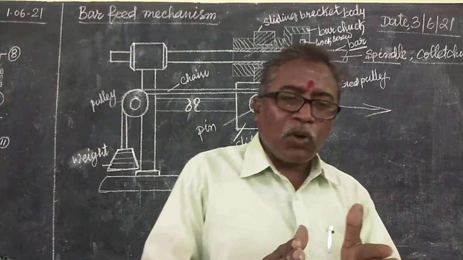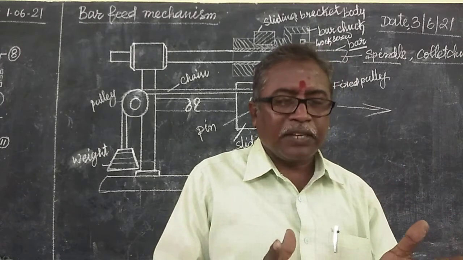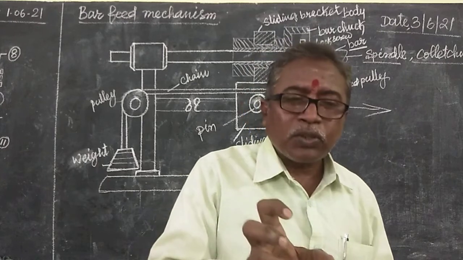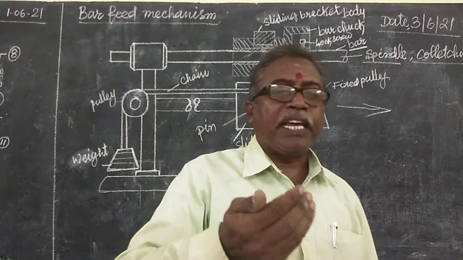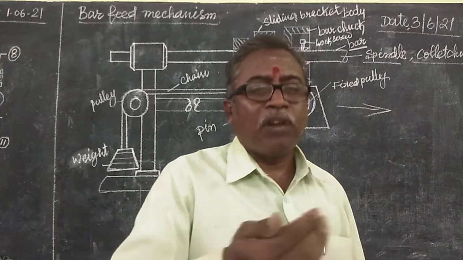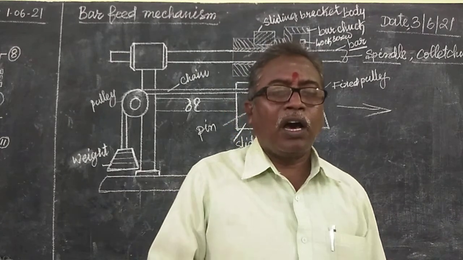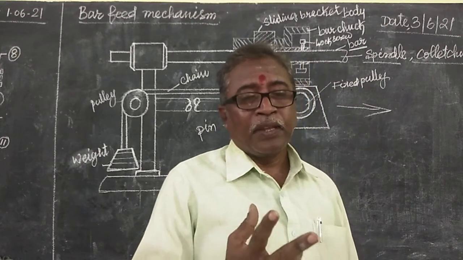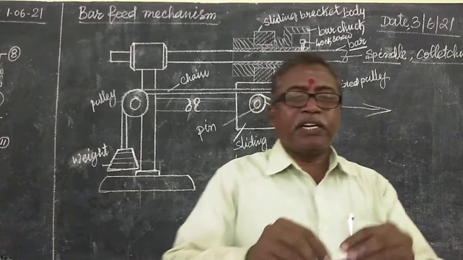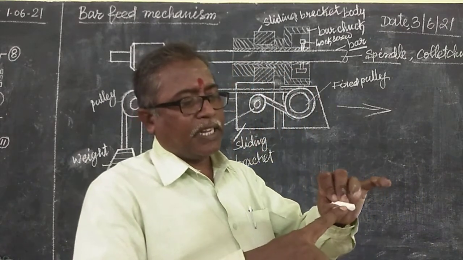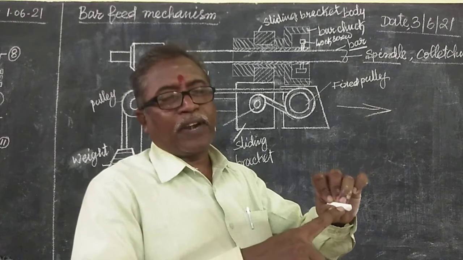In the roller steady, the rollers are used as supports. What is important is whether the rollers are kept forward of the cutting tool, advanced, or behind it. The job is held here, the tool is kept here, and the steady is given either at the back side or front side.